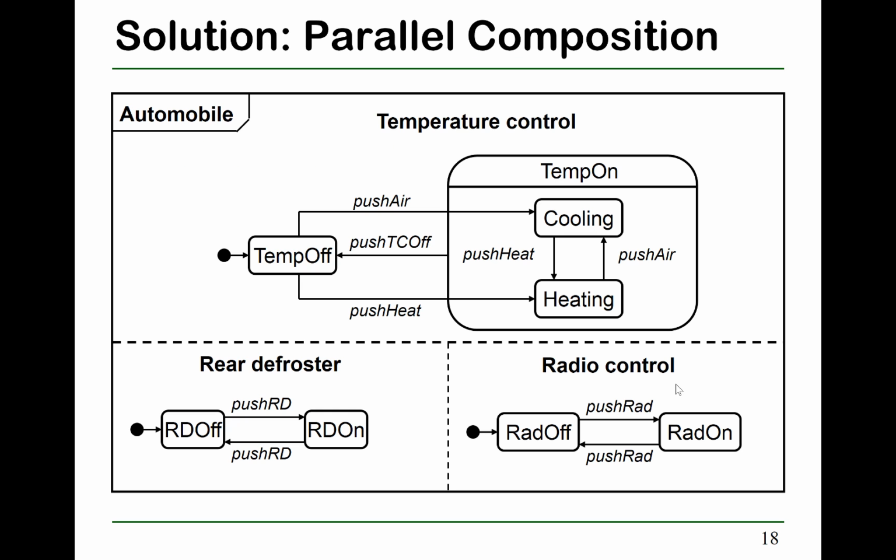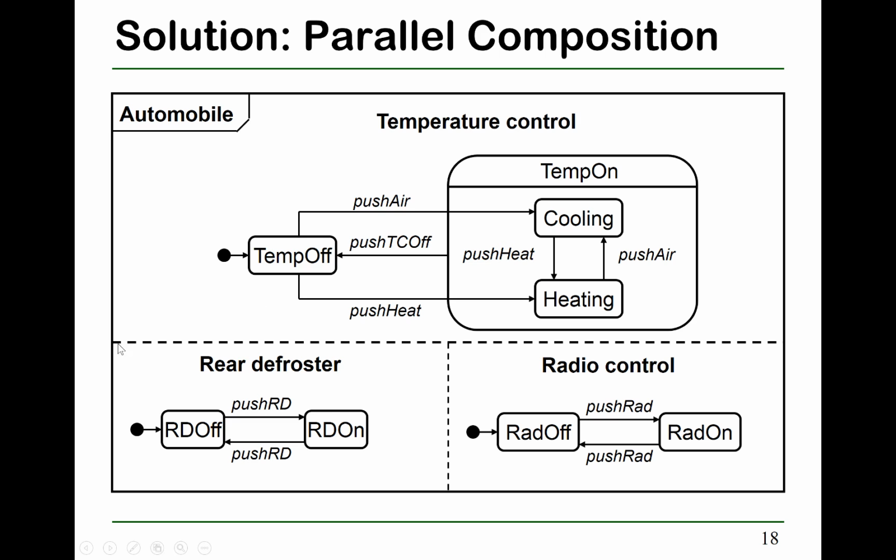To deal with this problem, because the temperature control, rear defroster and radio control are orthogonal components, whether you turn on the rear defroster or not has nothing to do with whether you are listening to the radio or not. And whether you listen to the radio or not has nothing to do with whether you turn on the temperature control or not.